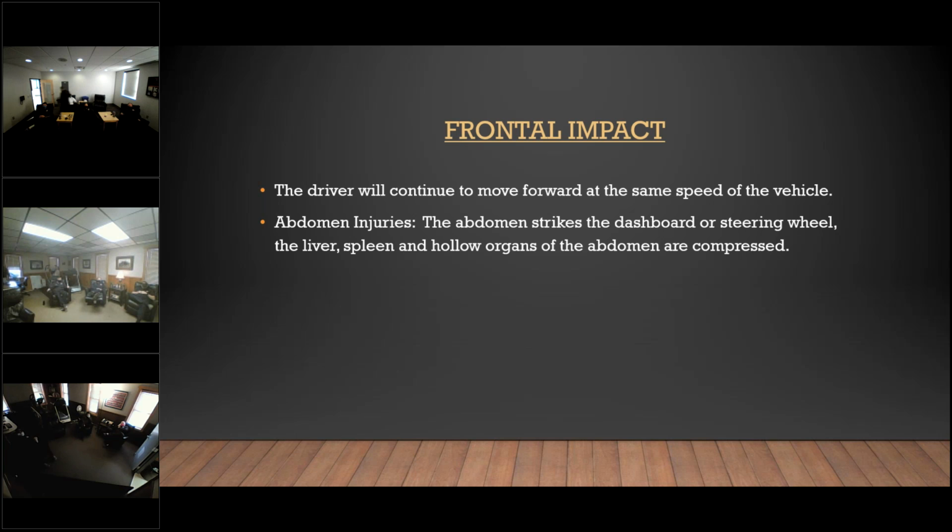If those injuries are correlated to that solid organ, what we could see is a lot of internal bleeding. Specifically when we're looking at the liver, which is located in the upper right quadrant and a little bit in the lower right quadrant, if that's affected, that's a very large organ and a lot of blood can actually protrude from that injury site.